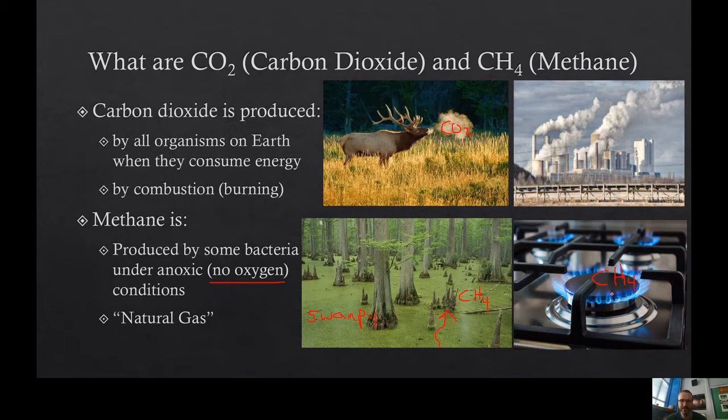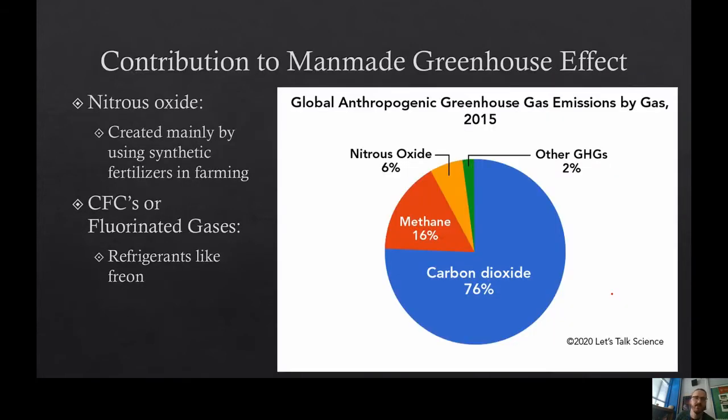And now we're going to dive a little bit deeper into how specifically humans make them. But there are also another couple of molecules that are greenhouse gases that I haven't covered yet. So if we look at all of the global warming caused by all greenhouse gases in the atmosphere, this is the breakdown.